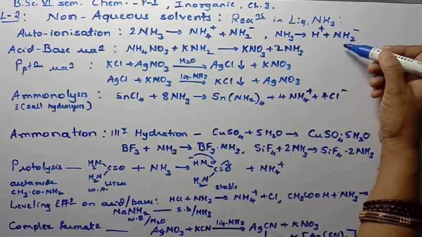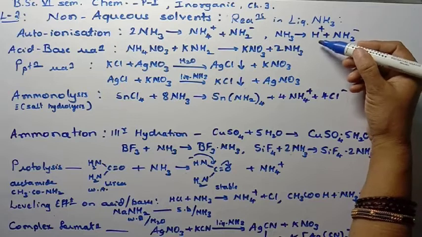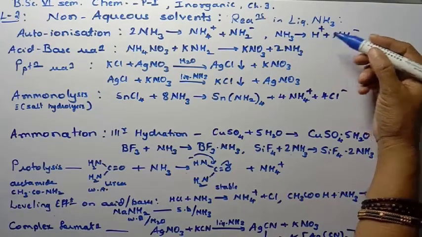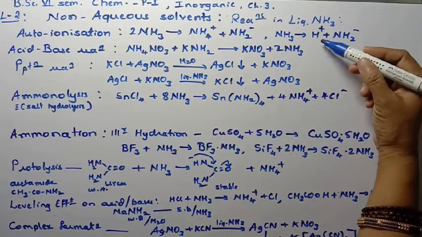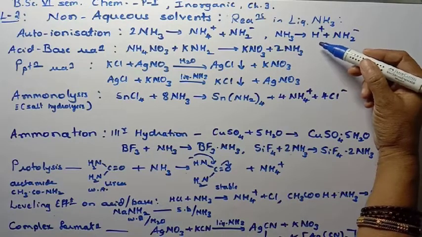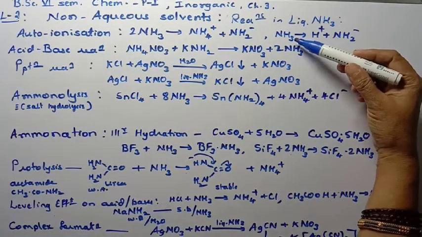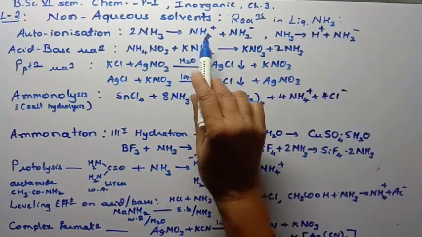Say if you take only one molecule here, there is a liberation of H plus. When ammonia undergoes dissociation, it produces H plus and NH2 minus. But H plus is a very active species and it readily combines with one more molecule of ammonia to give the ammonium ion.